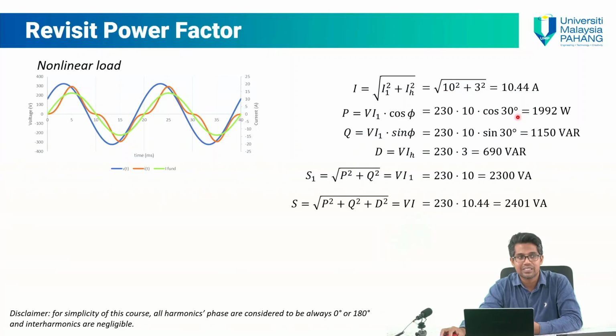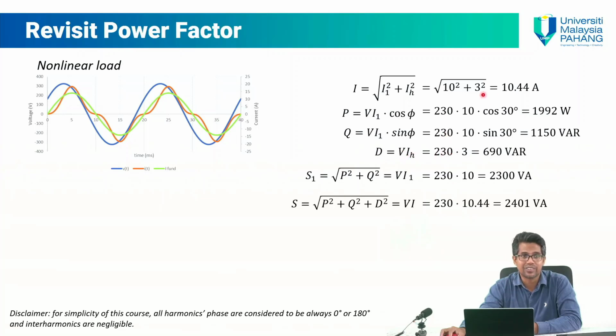Cos theta, theta right now is 30 degrees, so we come up with this number. And then Q, sine theta, also remember this must be the fundamental current, so it becomes 1150 VAR. Distortion power is V times I harmonics.